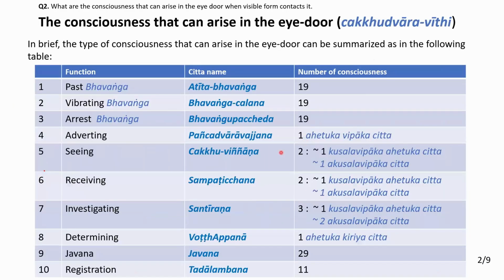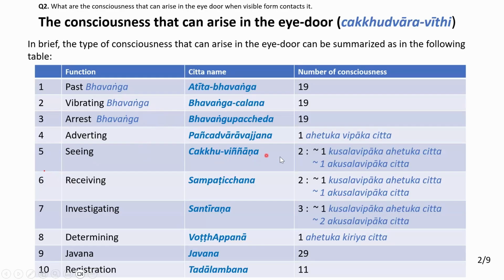So, to summarize briefly, the types of consciousness that can arise in the eye door can be summarized as below. Firstly, the past bhavanga: there will be Atita Bhavanga consisting of 19 types of consciousness. The same applies to Bhavanga Calana, the vibrating bhavanga, and Bhavanga Upaccheda, the arrest bhavanga, which also have 19 because they are all life continuum consciousness.